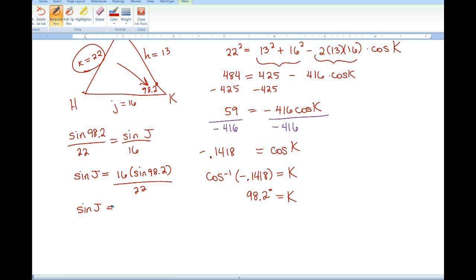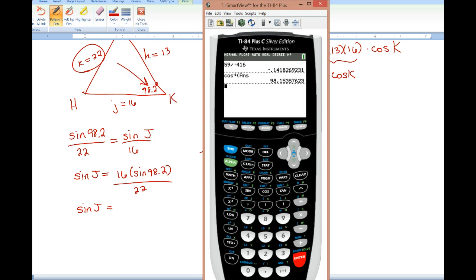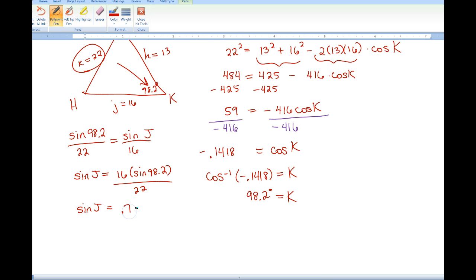What do you get? 0.799. So what's the angle measure?